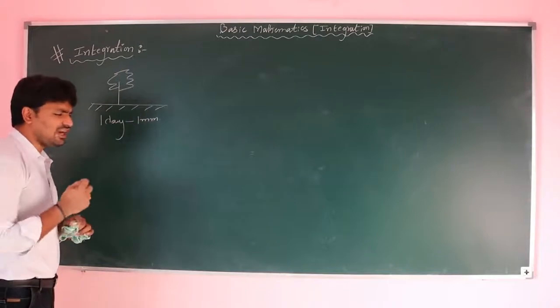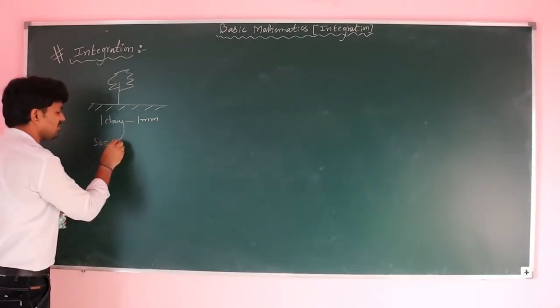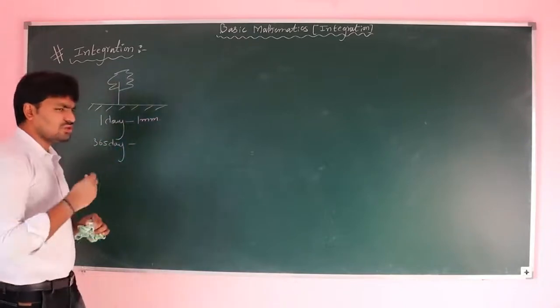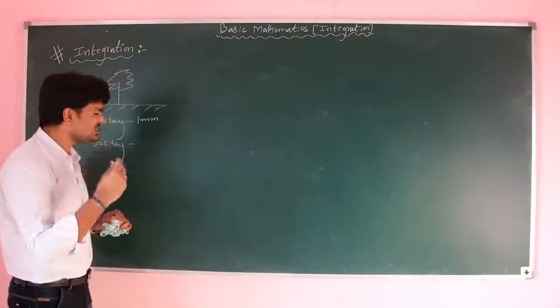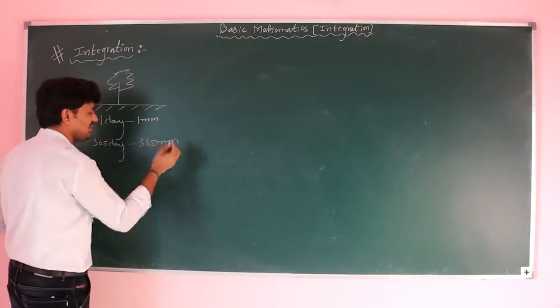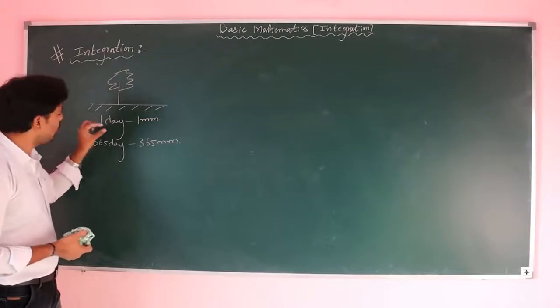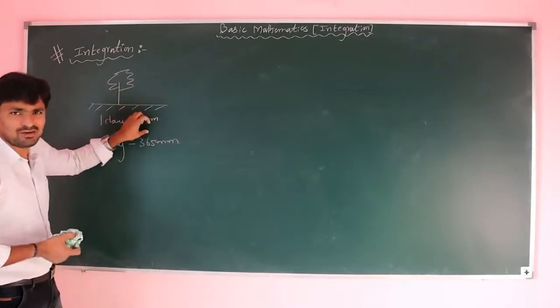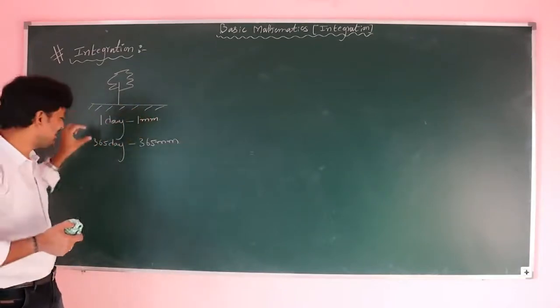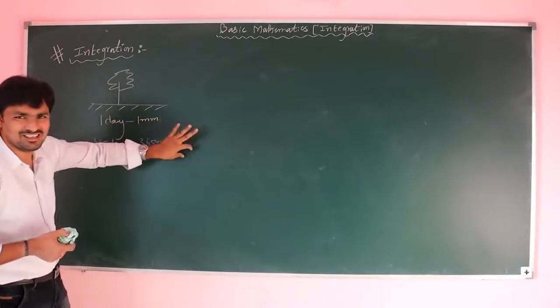In 365 days, how much is it going to grow? It is going to grow 365 millimeters. Here we have 1 millimeter for one day, but we are estimating it over 365 days, so the growth is 365 millimeters.